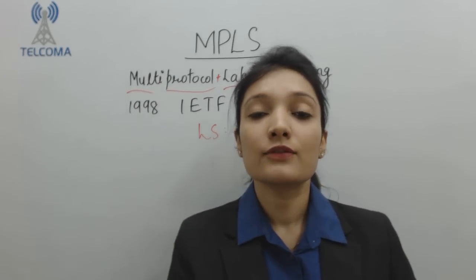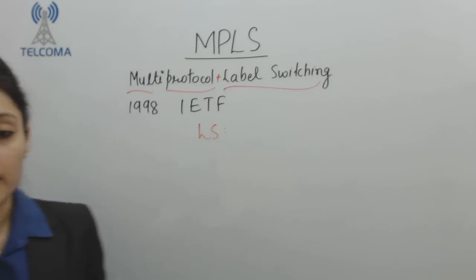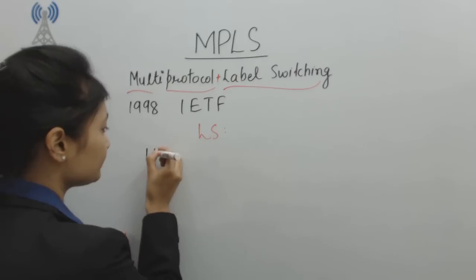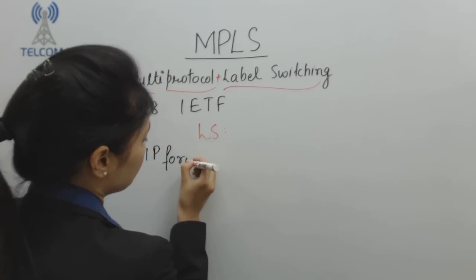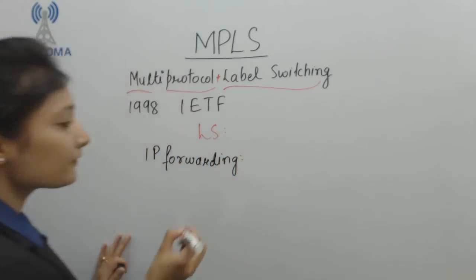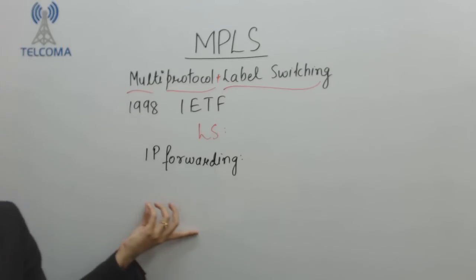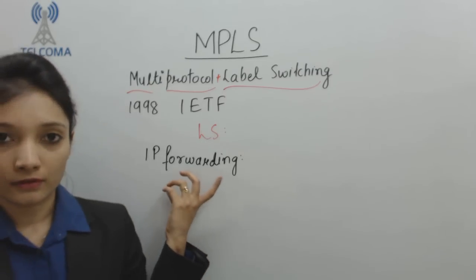Now what happens in our traditional IP switching? We can say that our traditional IP forwarding is in layer 3. This is a layer 3 system, your IP forwarding.